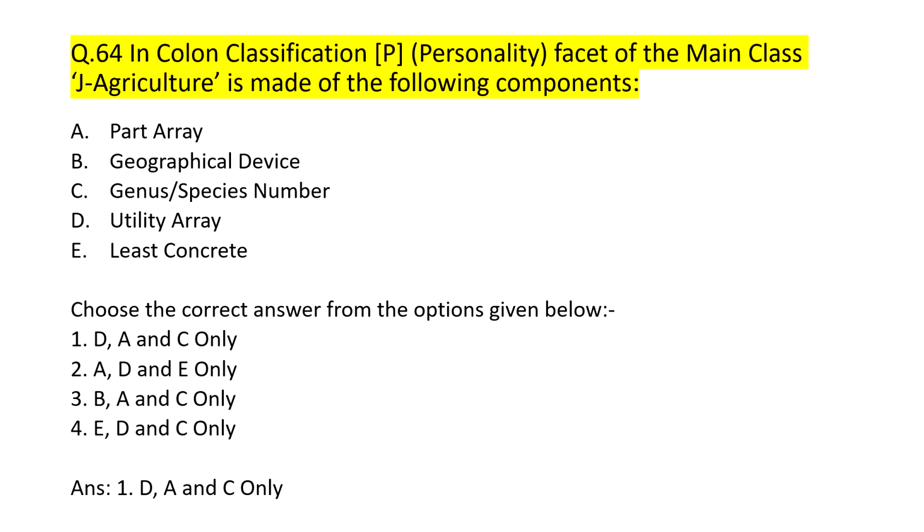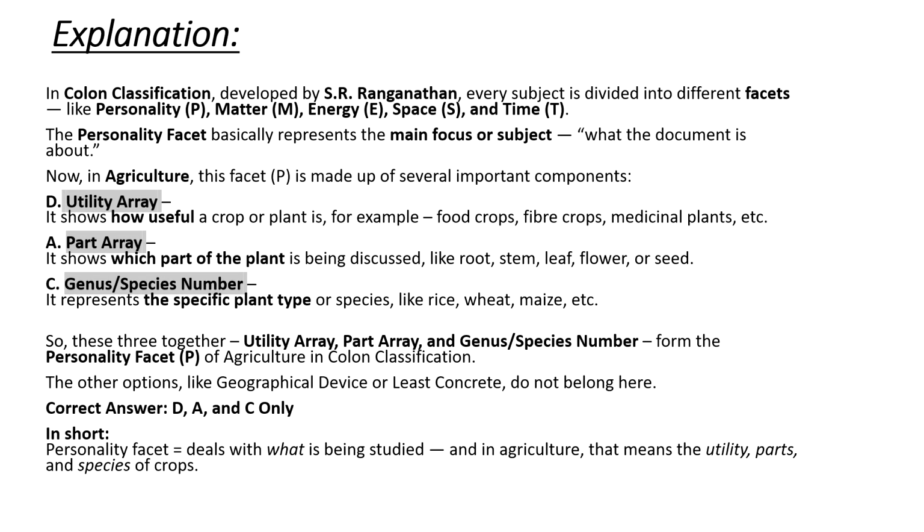Part array, genus and species number, and utility array are the correct options. As we all know that in colon classification, every subject is divided into different facets like personality, matter, energy, space, and time. Now the question is about the personality facet of the main class J, that is agriculture.